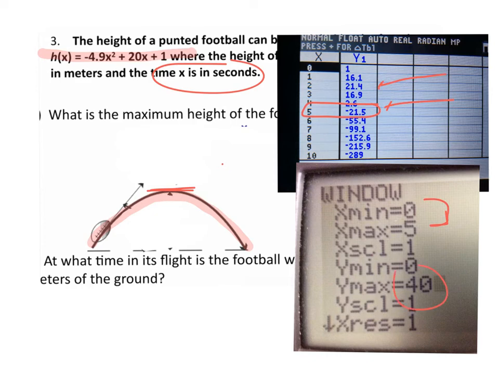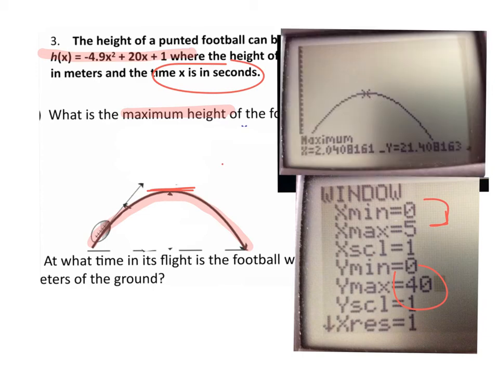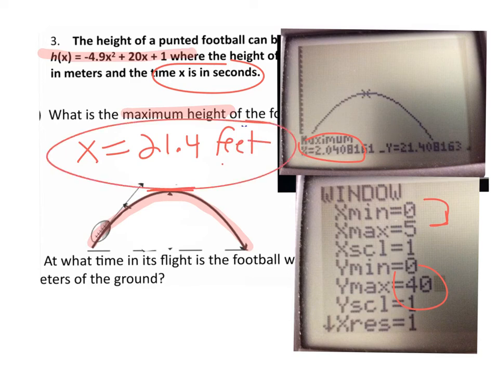So here for the maximum height, we're going to go to second calculate and option 4 for maximum. So here the maximum, according to my calculator, occurred at about 2 seconds after the punt, and here the maximum height is going to be about 21.4 feet. So there's our maximum height.